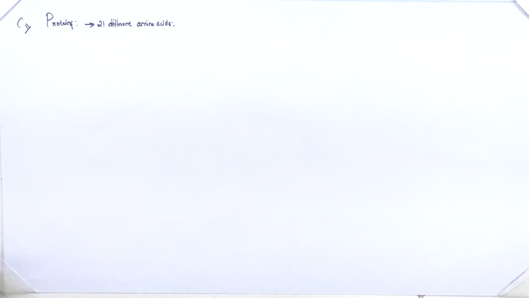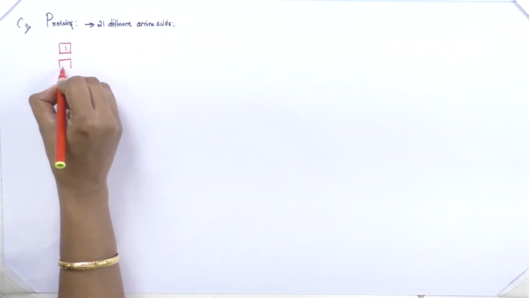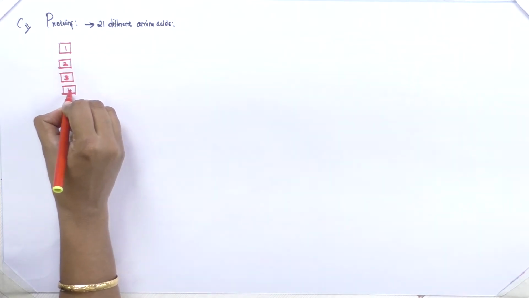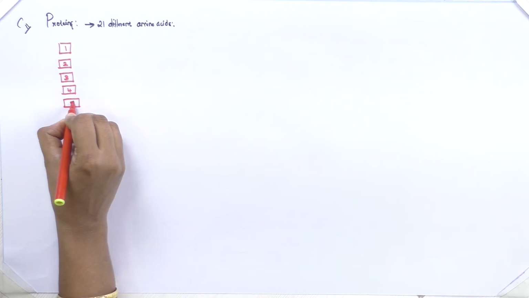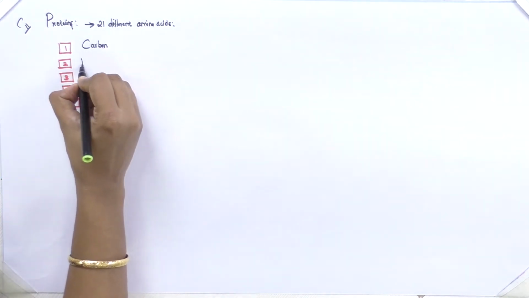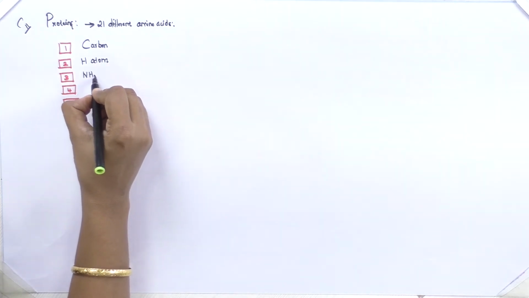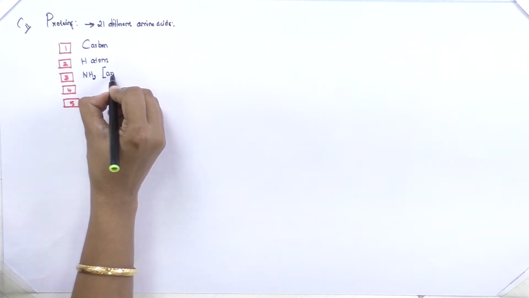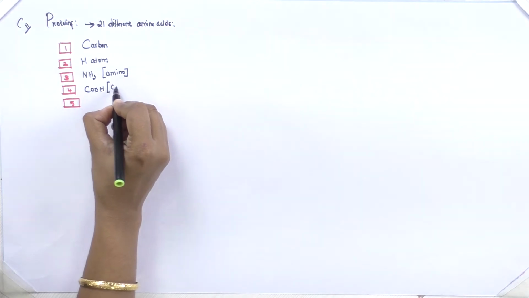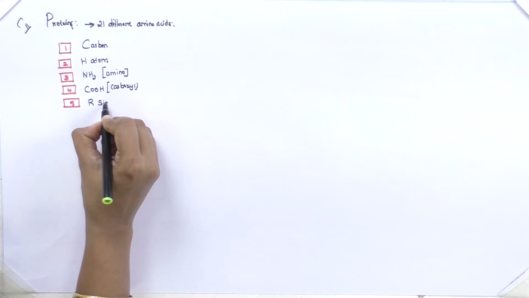So they are: the first one is carbon, the second one is the H atom, that is the hydrogen atom, the third one is the amino group, the fourth one is the carboxyl group, and the fifth one is the R side chain.